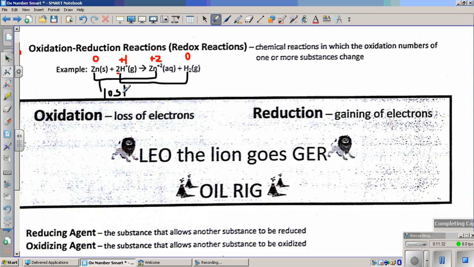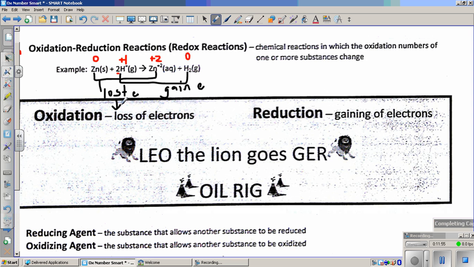Remember, electrons are negatively charged. So the fact that it has increased, become more positive, that means it lost electrons. Hydrogen goes from a +1 to a 0, which means it's gained electrons. So hard to write this way. Okay, that is oxidation and reduction.